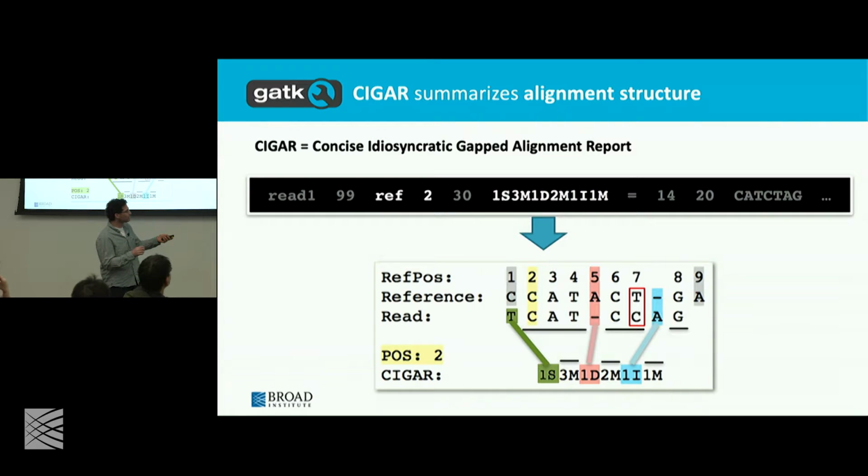So if you were to put, like we did here, the reference and the read one above each other, alignment-wise they match. We go base by base. For every base in the reference, there is a base in the read. Unlike here, for example, where this is a deletion, there is a base in the reference and there is no base in the read.